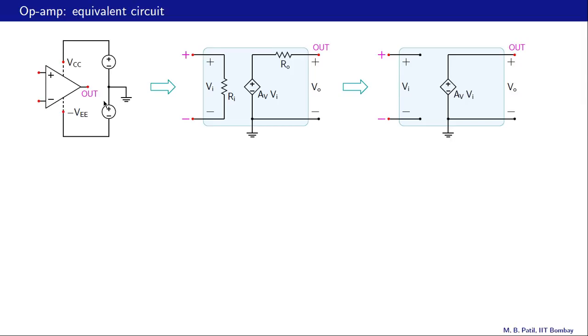If you recall, there is no ground pin as such in the op amp, and if we say that the output voltage is, say, 2.5 volts, what we mean is it is 2.5 with respect to this common ground, and that is the same as this ground or this ground shown in these circuits.